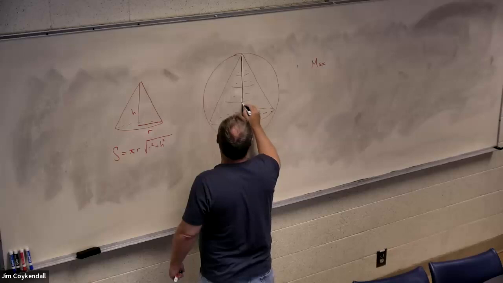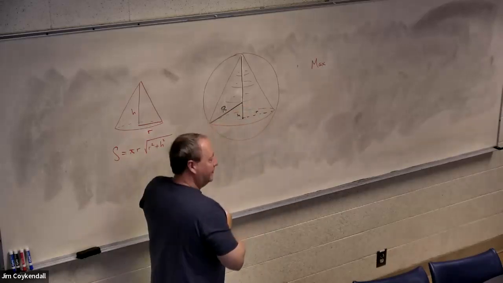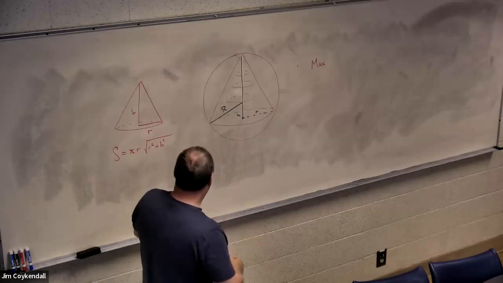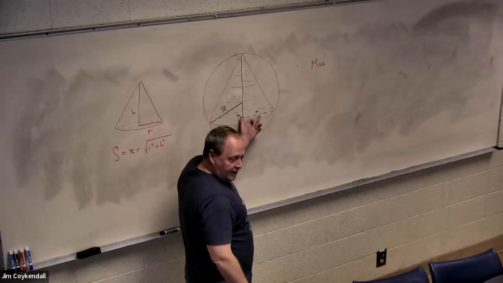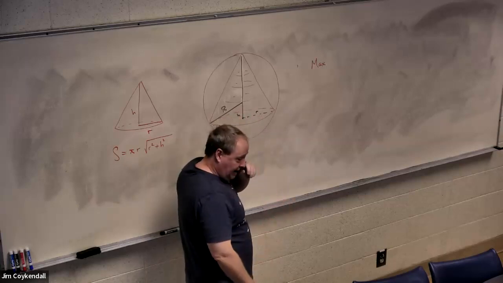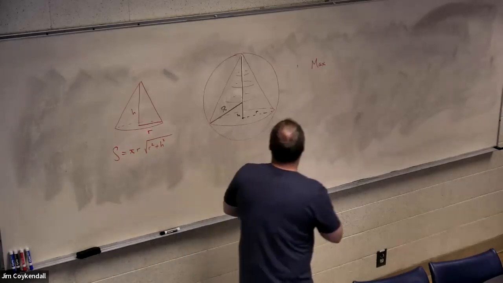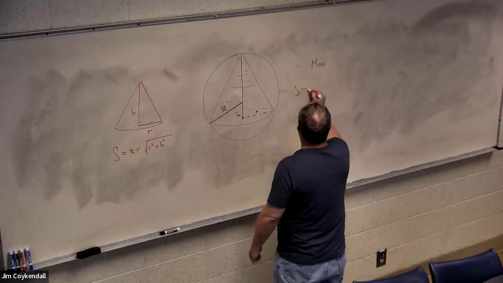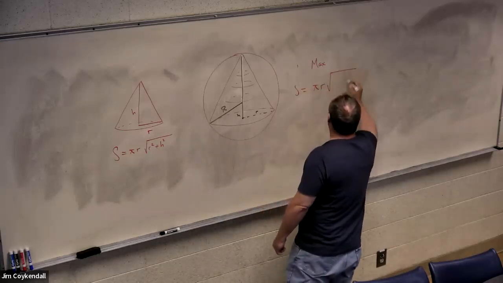So you've got all this stuff going on. h and r can vary, but the radius of the sphere is always the same. It's the same sphere we're trying to fit the cone inside. Everybody kind of got a feel for that? Now, we're trying to maximize the surface area, which is pi, little r, square root of r squared plus h squared.